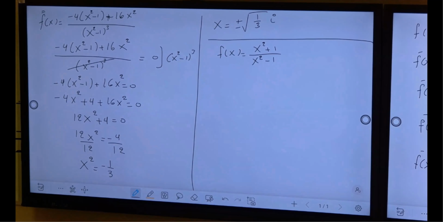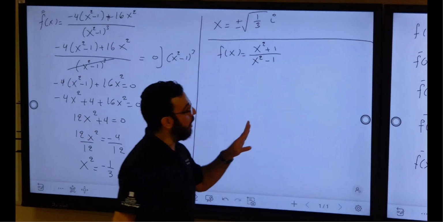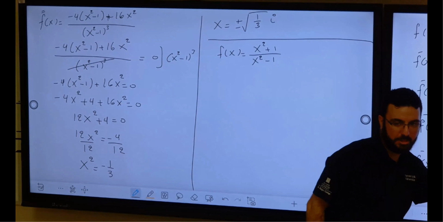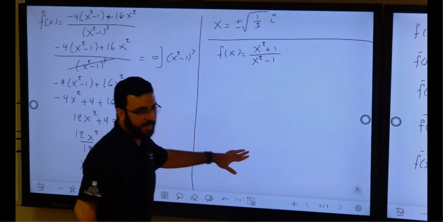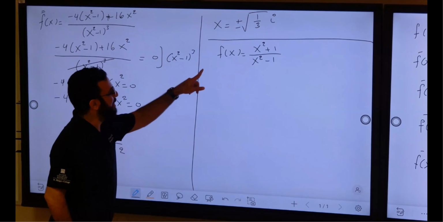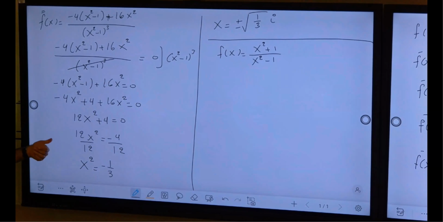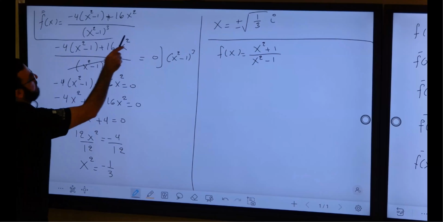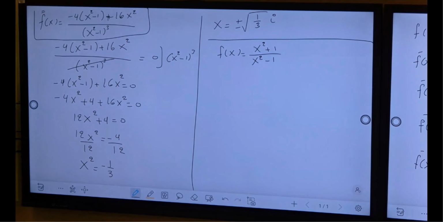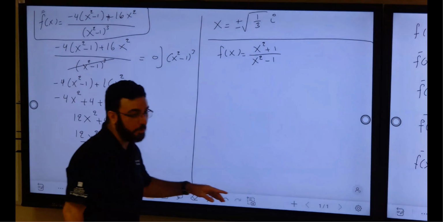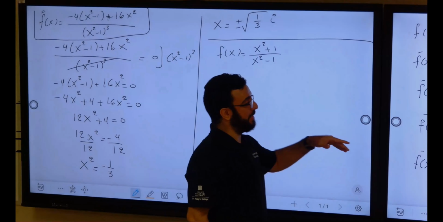I'm telling you, all the work is for nothing. So I wrote this one again, but I still have the second derivative. Here's my second derivative. Even if there's something wrong, you're going to check it. I'm not going to check it.